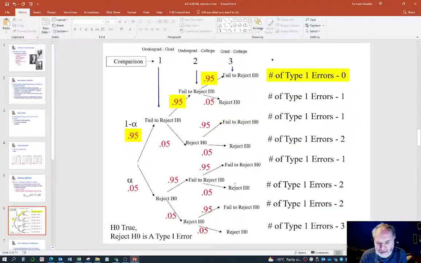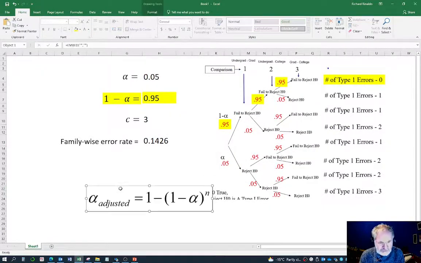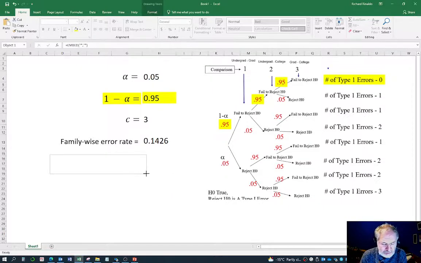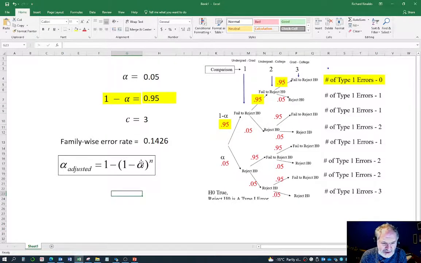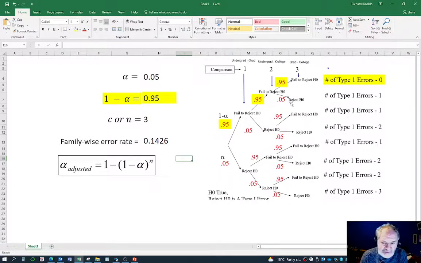And as we see, that formula is right here. So my family-wise error rate, if I look at this as one study, one analysis, one statistical analysis overall.